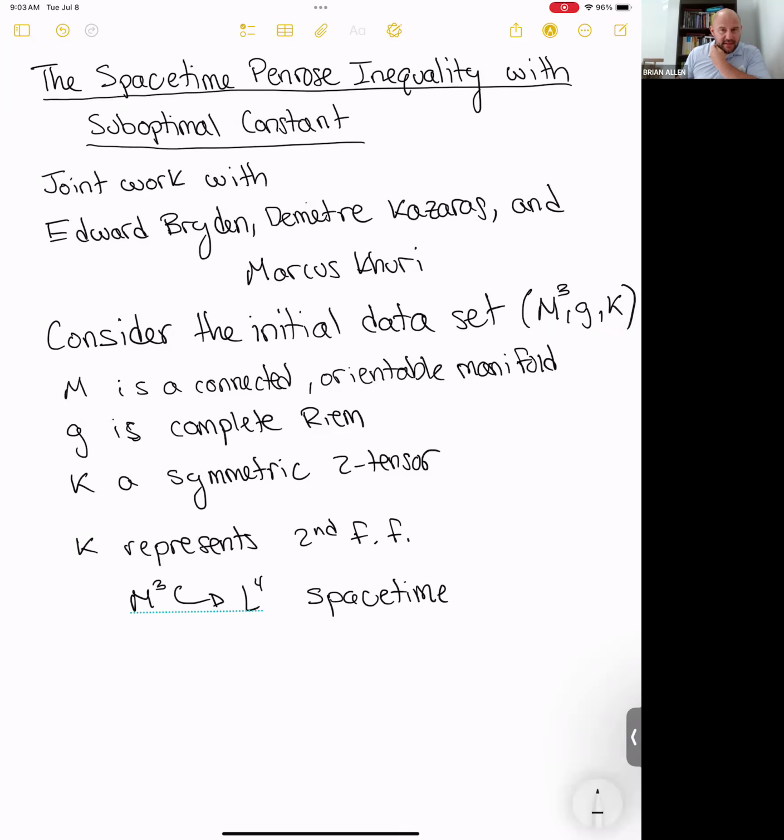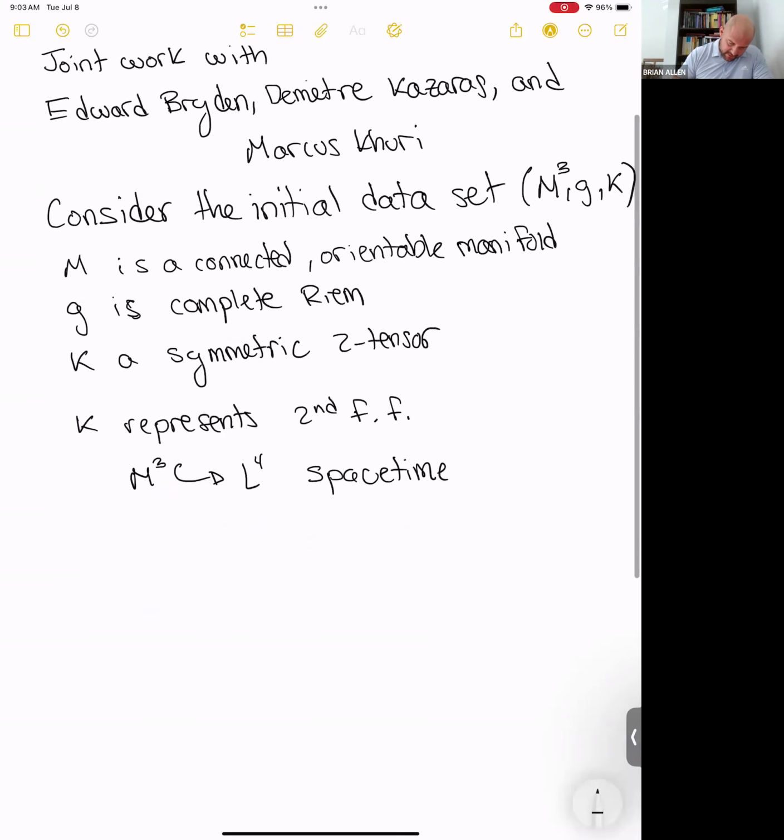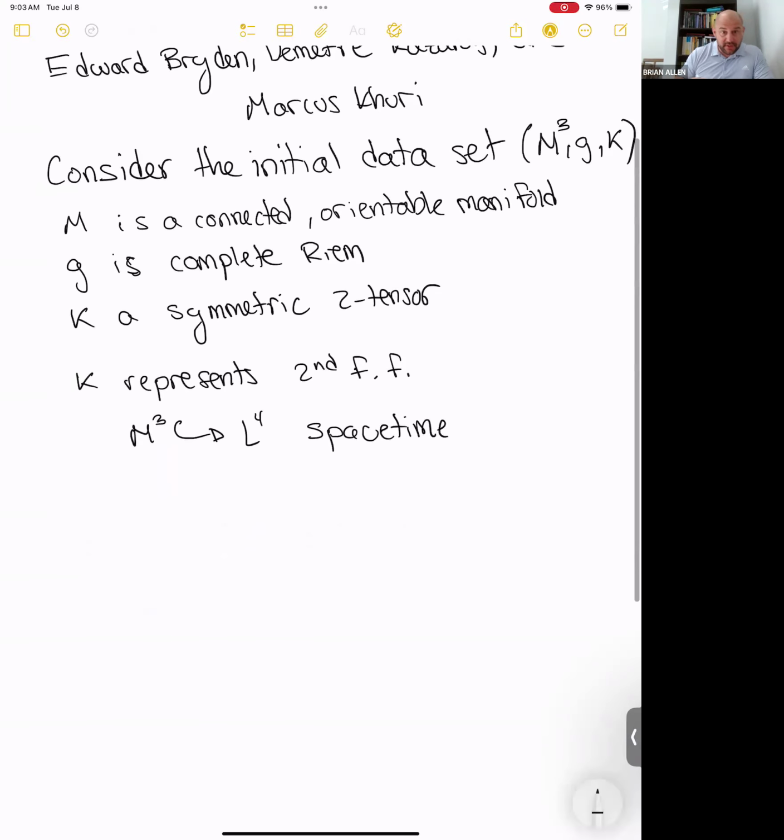So this K is actually the second fundamental form of this embedding, but we'll basically hide that throughout the entire talk for the following reason: as long as we assume that G and K satisfy certain constraint equations, then we can take Einstein's equations from the four-dimensional spacetime and give an equivalent version on a slice M3, which is what we call the initial data set.